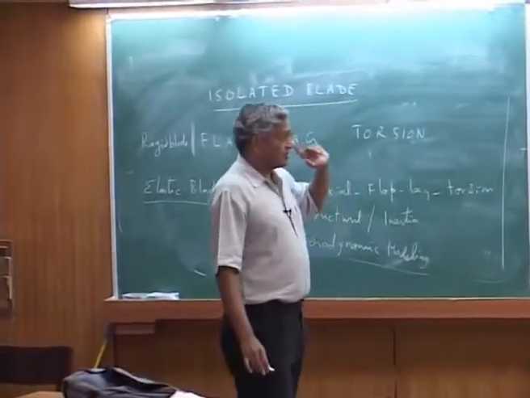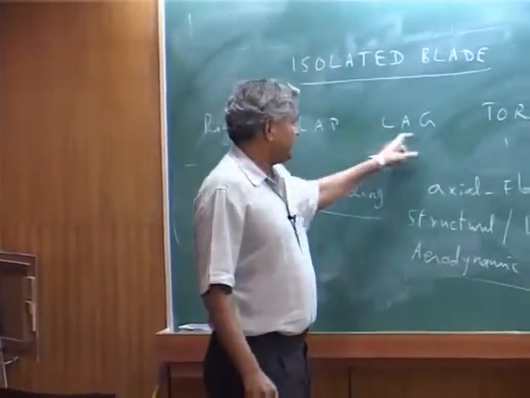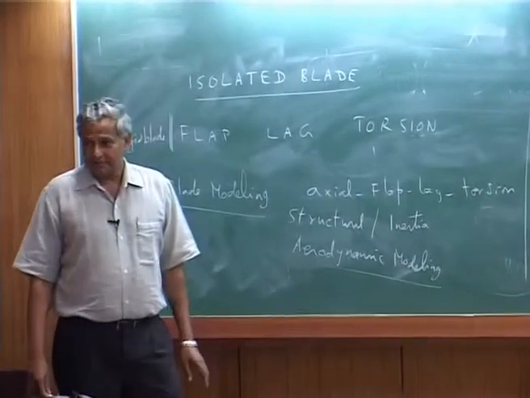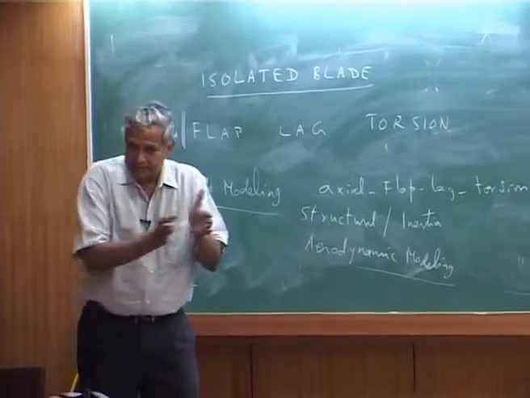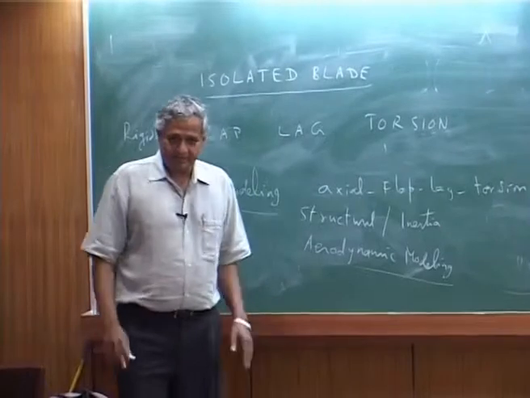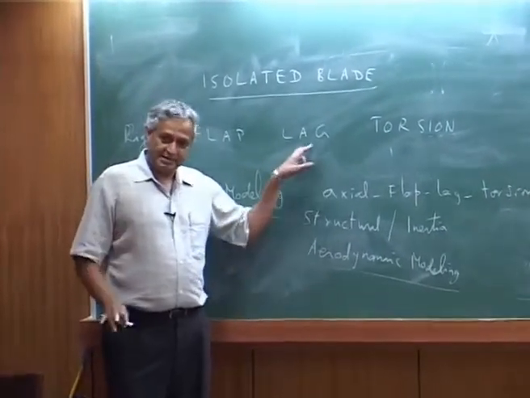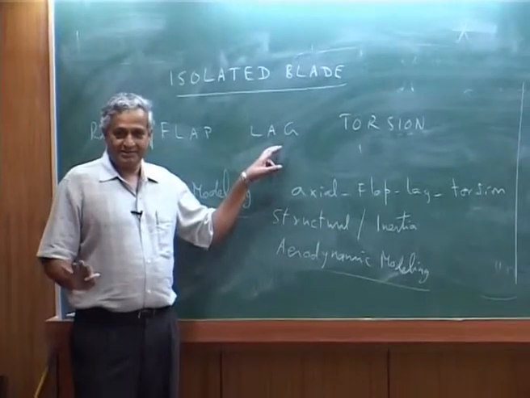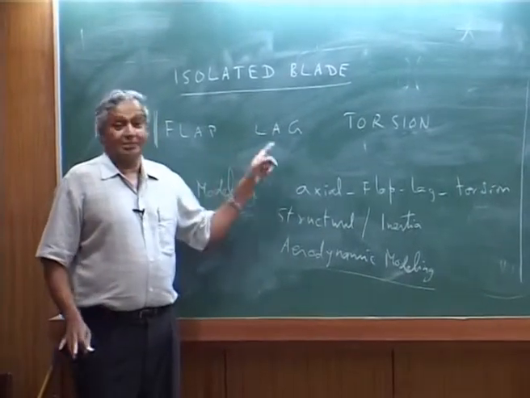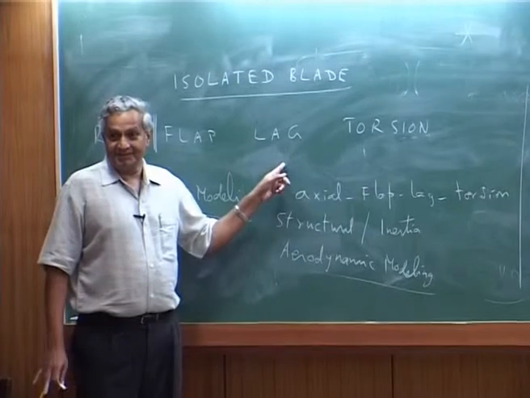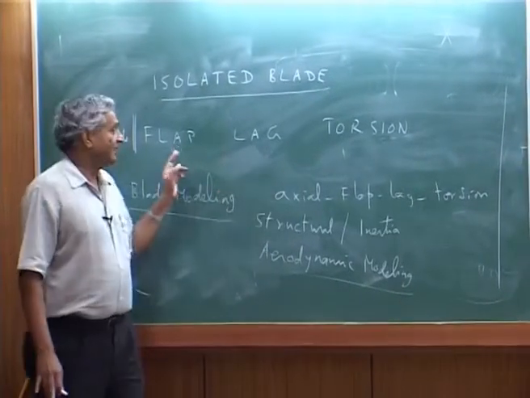When I talk about rotary wing aeroelasticity, I have flap lag torsion. Initial development, if you see, was not done with an elastic blade, but a rigid blade, putting flap and lag combined. Then flap torsion.